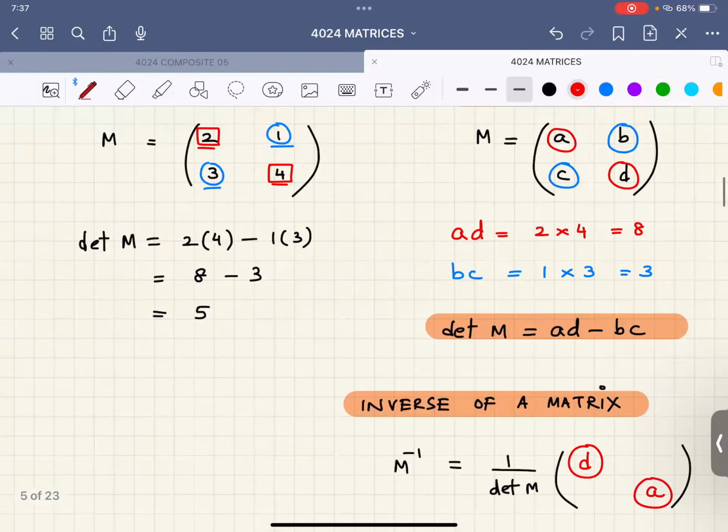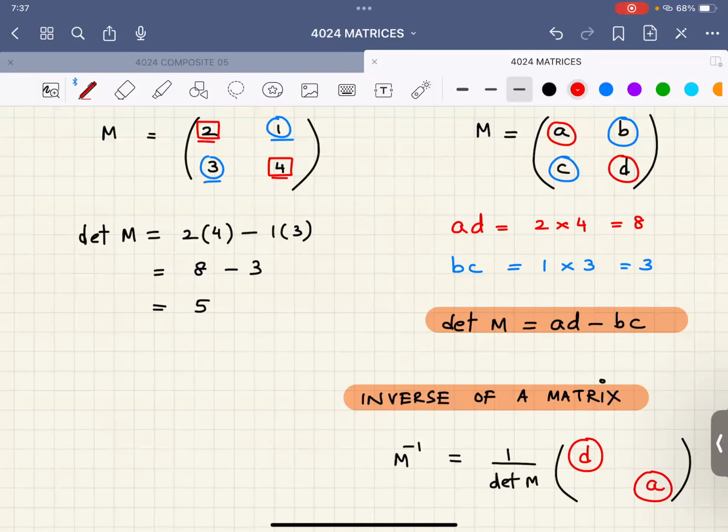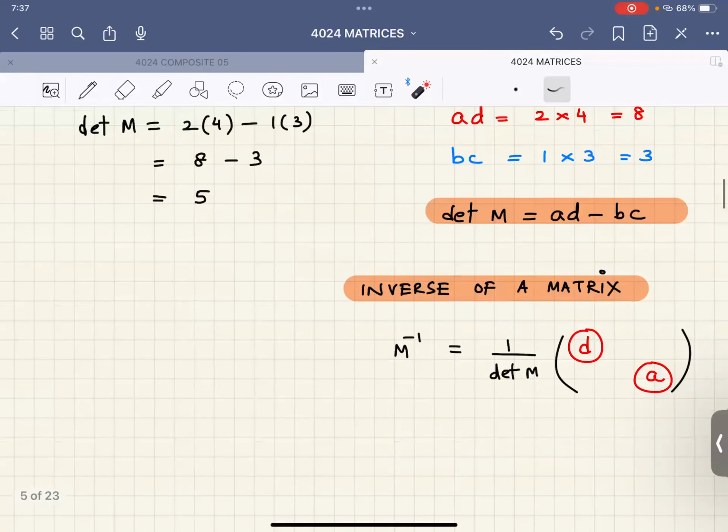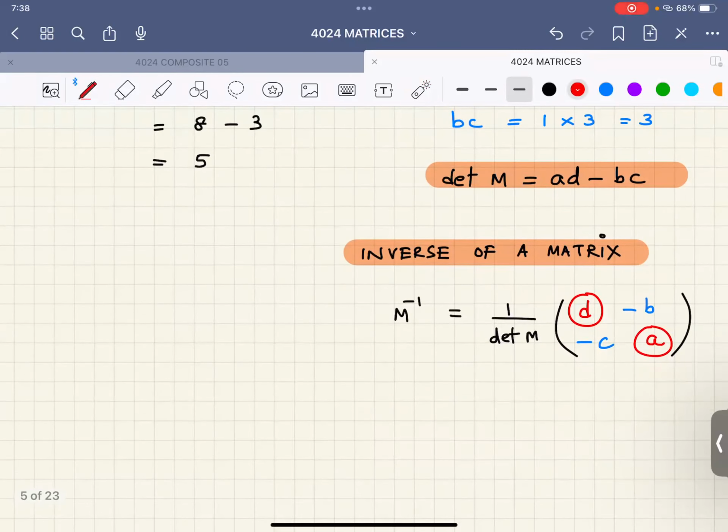And then what about B and C? So B and C, they change sign. So blue color, let me just double check. It's all good. So now I'm interested in the blue color, that is minus B, that is minus C. So the red one, change places, positions diagonally.